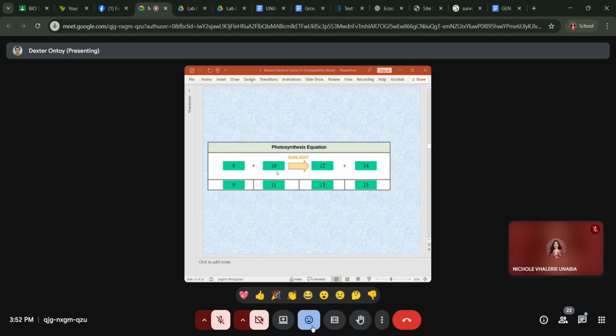And basically, what is this? The other component, because number 8, as mentioned by Miss Cardenio, is carbon dioxide. So what is number 10? Water. Okay, so water is also the other component to proceed with the photosynthesis reaction.